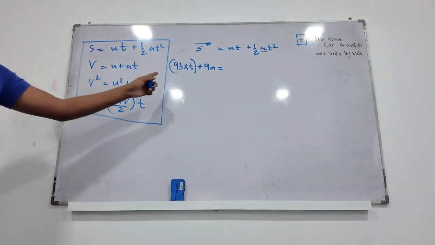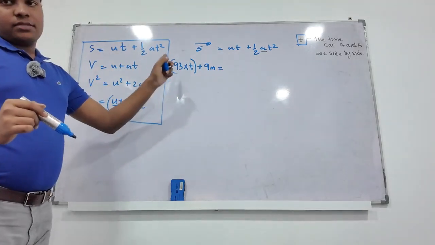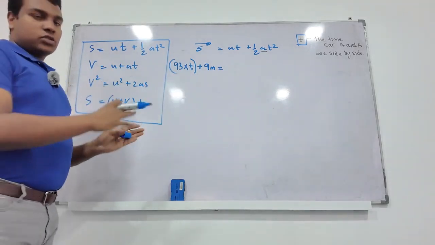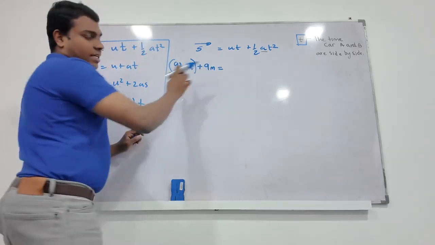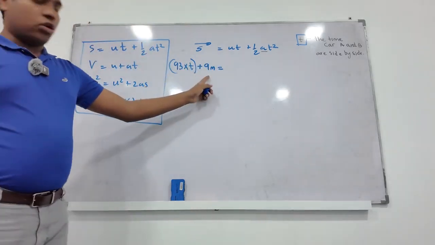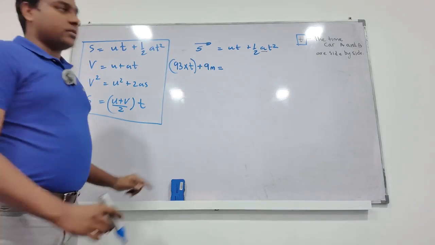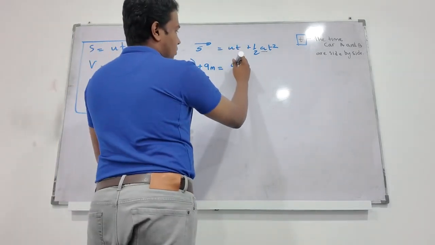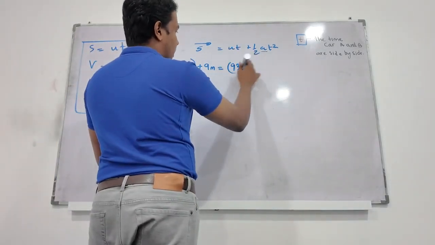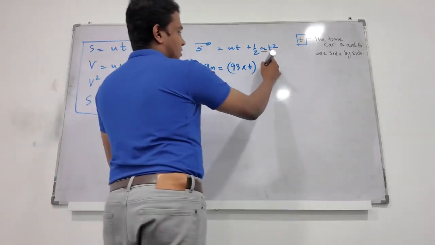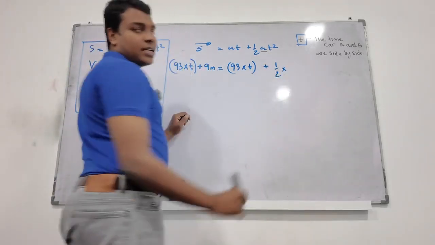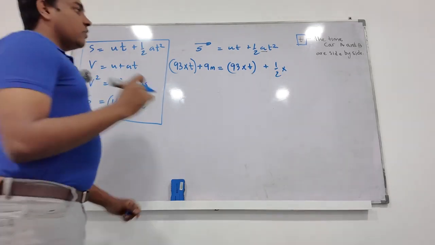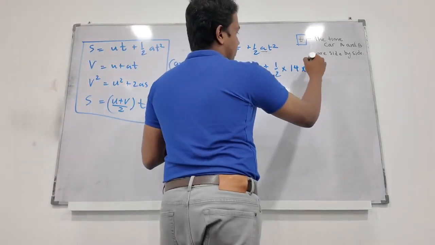Now we know that it is increasing, but we are starting from the instant where it is 9 meters away. So that distance is also added, 9 meters. Then what is the initial starting velocity? 93 times t, plus half times what is the acceleration? 14. 14 is the acceleration, times t squared.